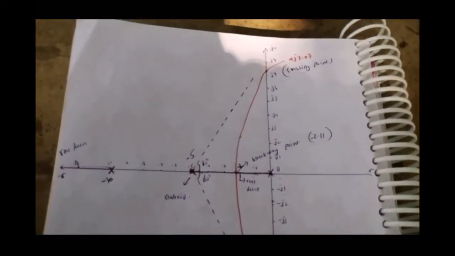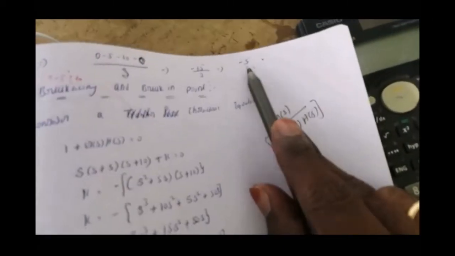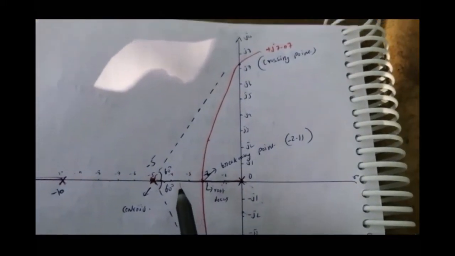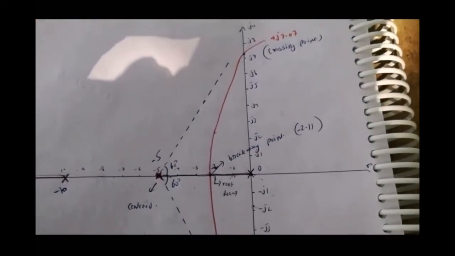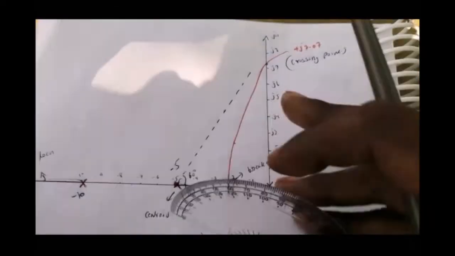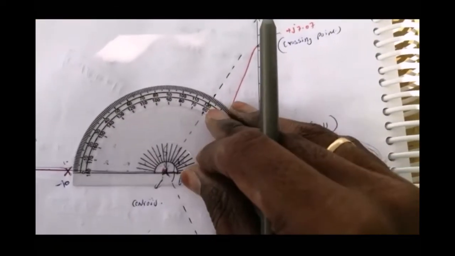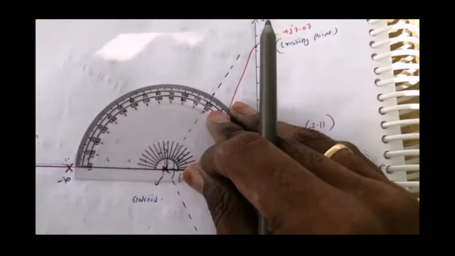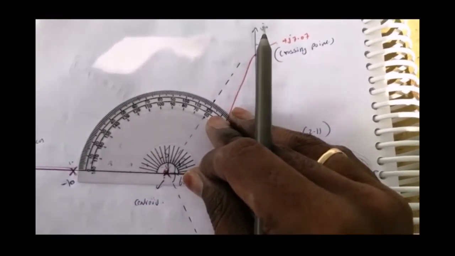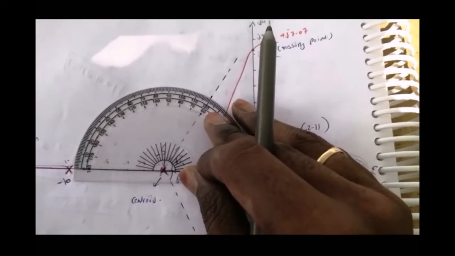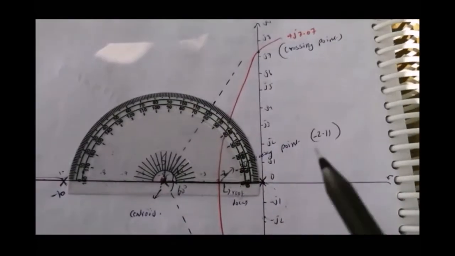Next, the centroid. The value of the centroid is -5. So this point is known as the centroid. From this centroid we have to draw the angle of asymptotes. To draw it, let me take the protractor and keep the midpoint on the centroid. The first one is plus or minus 60 degrees.